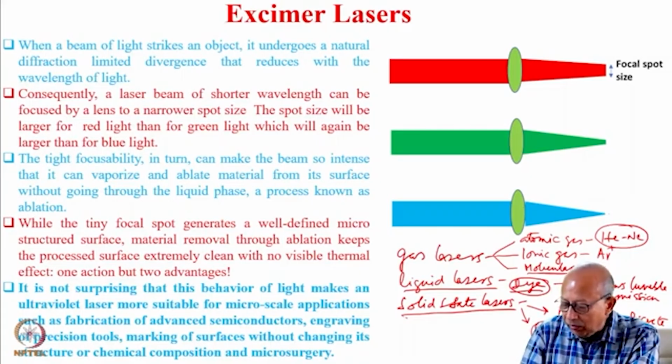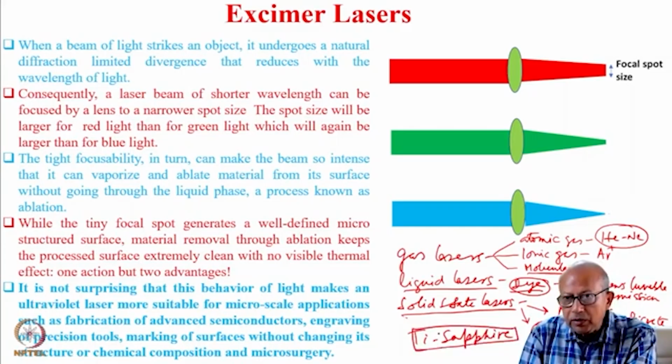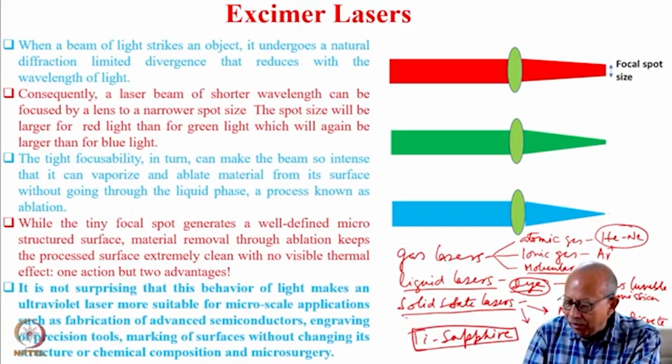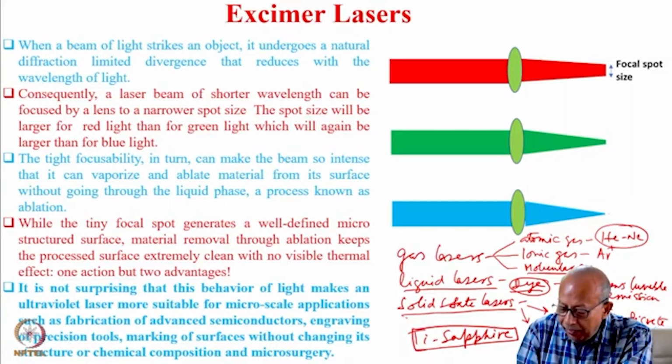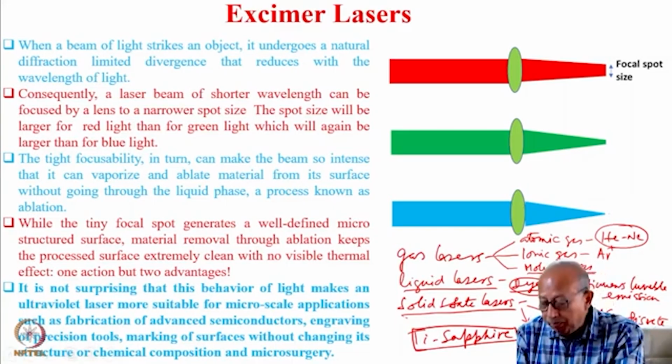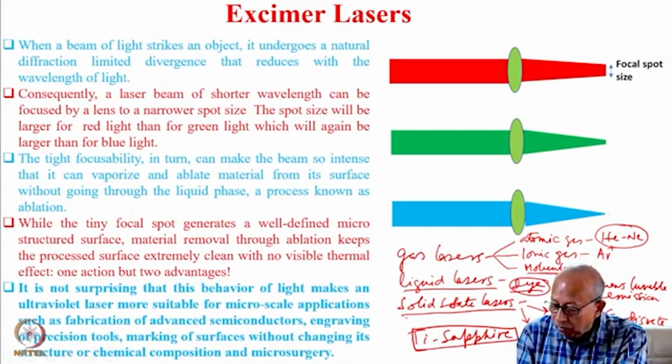And for this category, we chose operation of titanium sapphire laser, which provides tunability over a very wide spectral region, starting from almost the red end of the visible and going deep into the infrared, even more than 1100 nanometer.